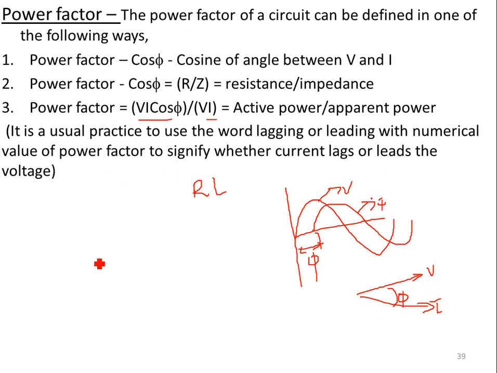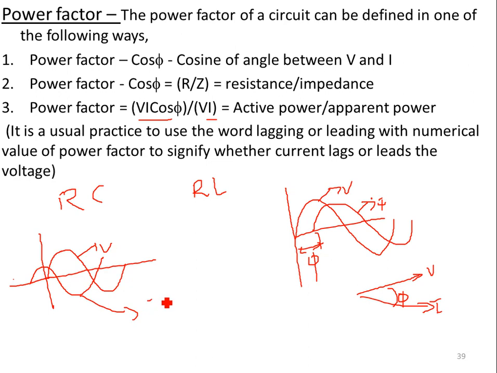Whereas in the case of an RC series circuit, or a circuit having more capacitive effect, voltage starts at 0 degrees and current starts before that. This is voltage, and this is current.